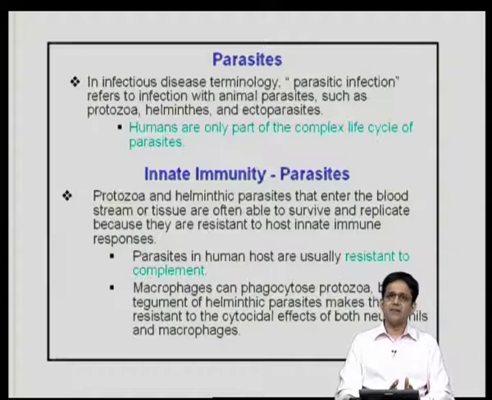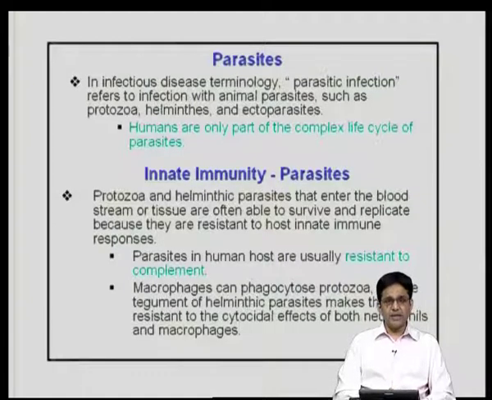Apart from viruses, I will try and cover parasites and the newly emerging diseases. In the case of parasitic infections, protozoa and helminth parasites enter the bloodstream and are able to survive. Several of these target the gastrointestinal tract, where they reside and play important roles, worms for example.